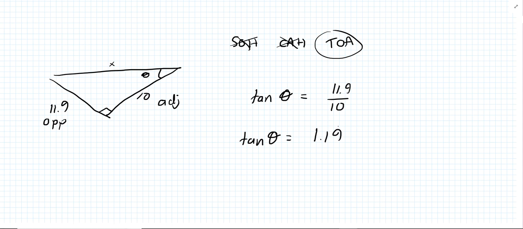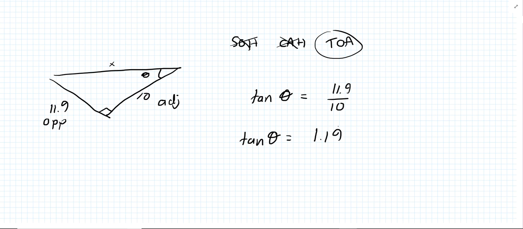Now, just to check you understand, that number is a ratio. 1.19 is the ratio between the sides. A triangle, however large it is, where the ratio of the opposite and the adjacent is 1.19, will have the same angle. So that ratio, 1.19, refers to a specific angle, and we just need to find out what that angle is.